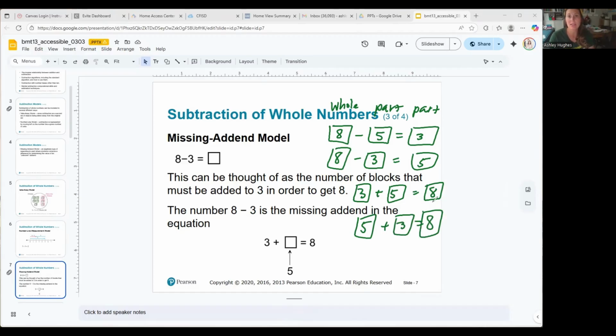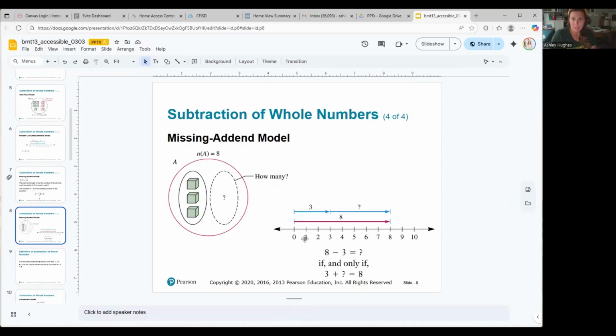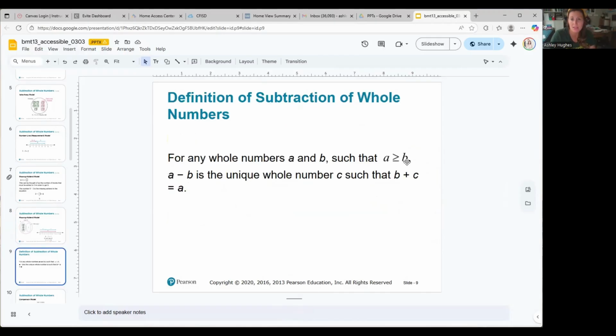So another way of thinking about subtraction is like, what do you need to add to get to 8? So I'm at 3, how many more do I need to get to 8? And it helps again if you have a good number sense where you know that 8 is 5 and 3. So this is more of the same. This is the idea of a unique whole number, just like it is for addition, basically that there's only one number where a minus b is equal to that number.